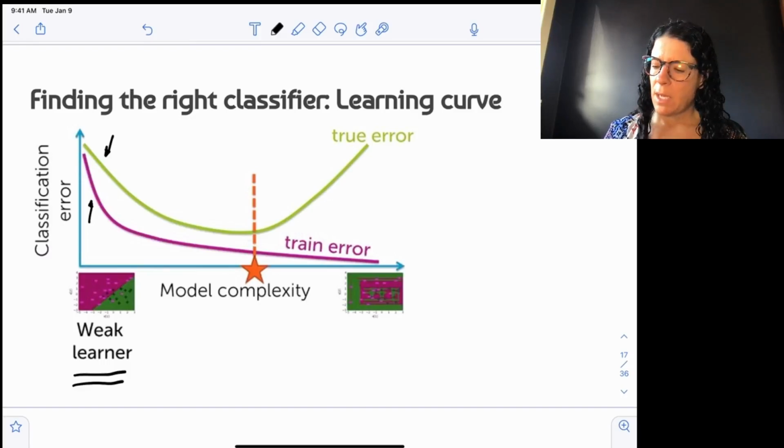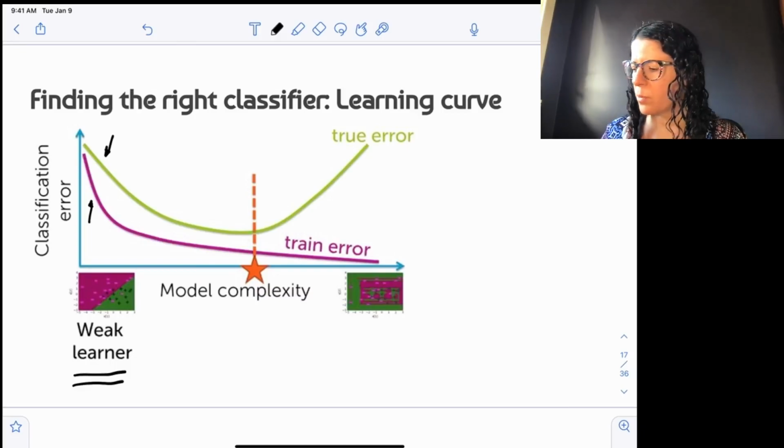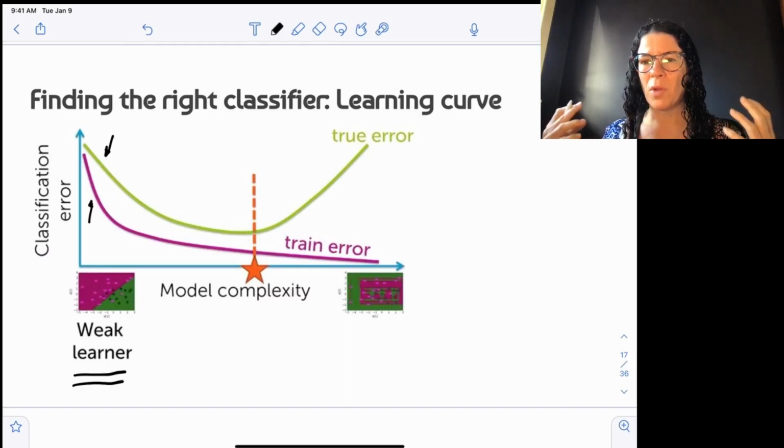Then as we increase the complexity of the model, it can fit the training data better, so the training error is going to go down, and in many cases it's going to hit zero, because with enough complexity the model can pretty much memorize the data.